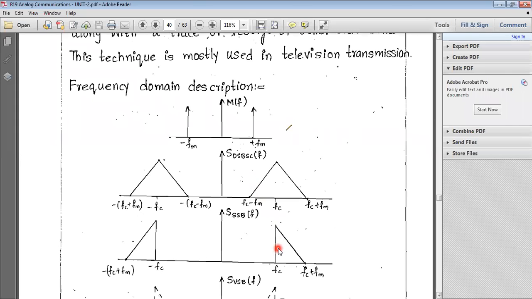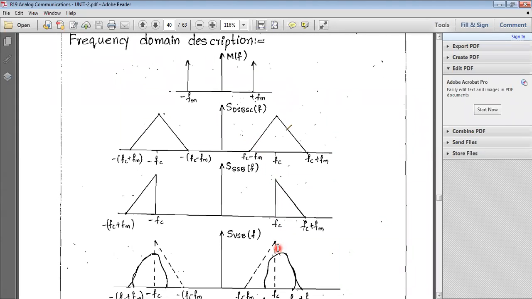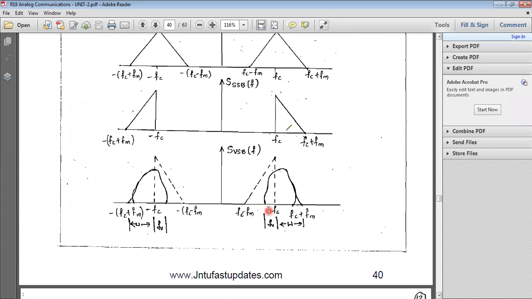Coming to SSB, here we have FC plus FM, there is no FC minus FM. And if you observe vestigial sideband, there is no carrier in this technique also. But here we completely pass one sideband, and we pass some trace of another sideband.